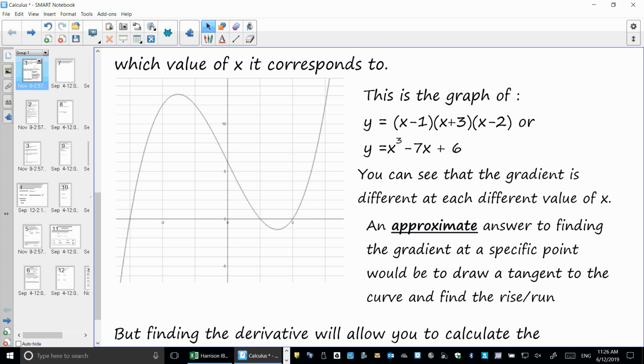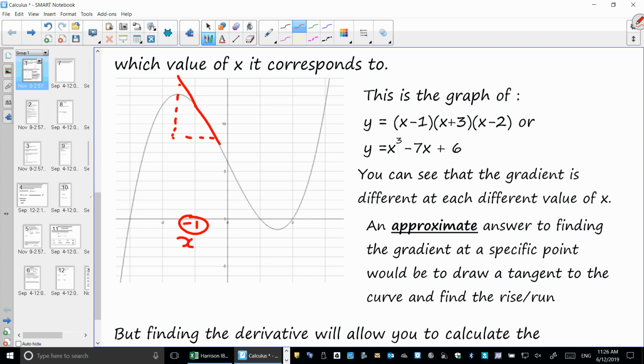Right. If I wanted to know, so these along here are my x values, yes? If I had been asked to find the gradient of the graph at the point where x equals -1, I would find the value of -1 on my x-axis, go up to my graph, draw a tangent to it, and then find my rise over my run.